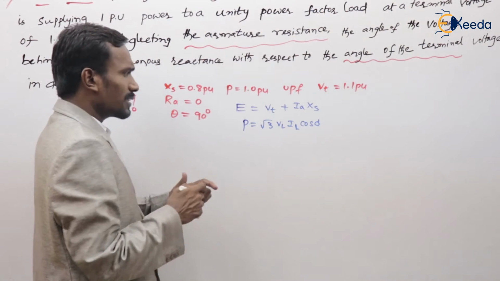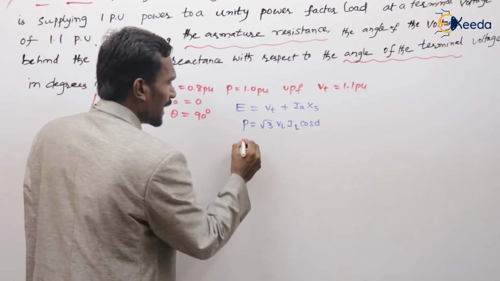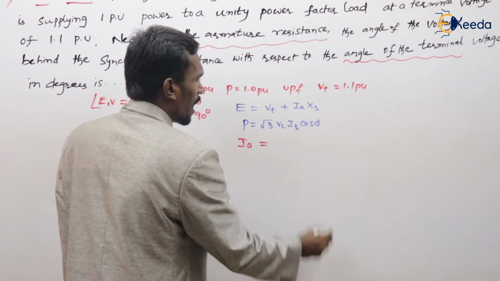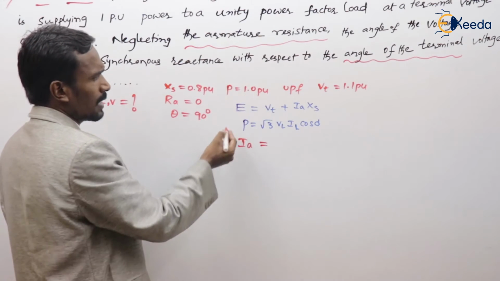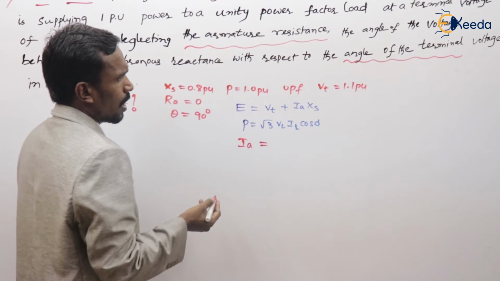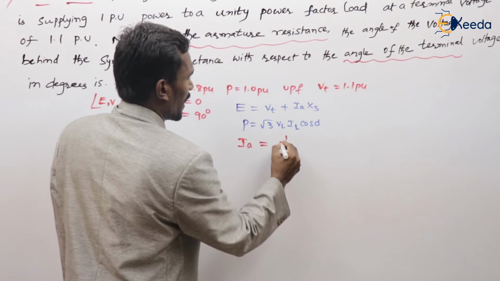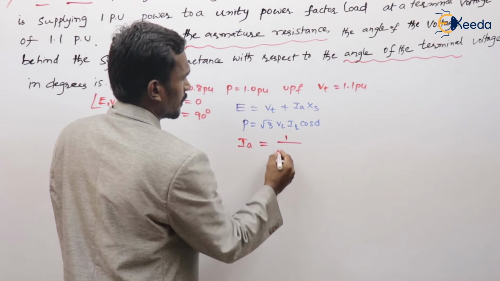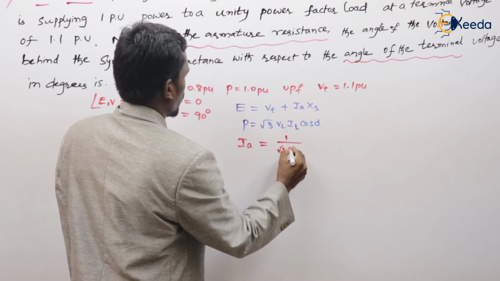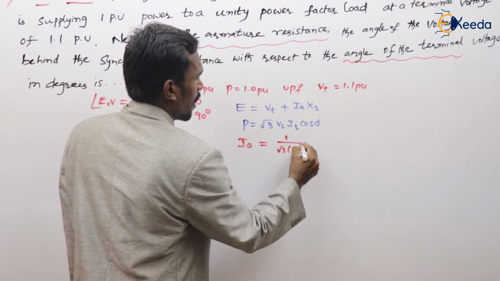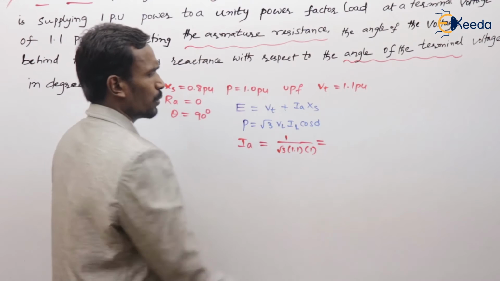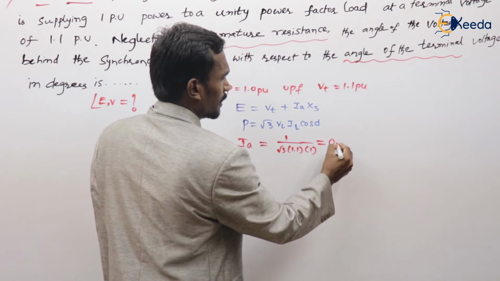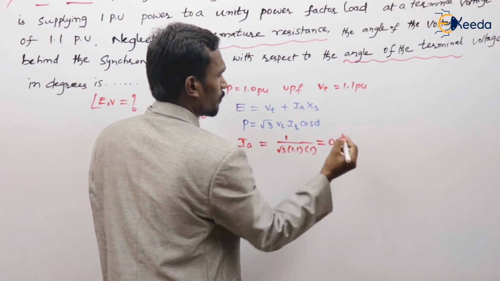So for this, IA is equal to, in per unit values, P divided by root 3 VL cos phi. If you calculate this value, you can get 0.91.